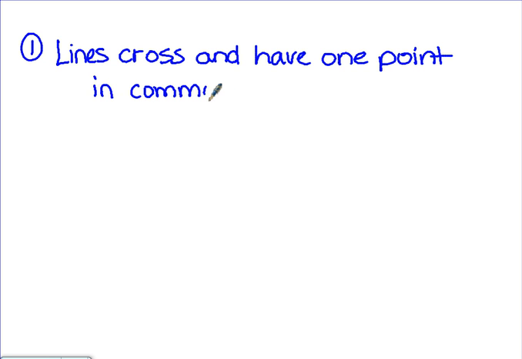If the lines cross and they have one point in common, two lines crossing, and we said that if they have one common solution, according to the other slide, they would be considered a consistent system. So when lines cross and have one point in common, they are consistent.